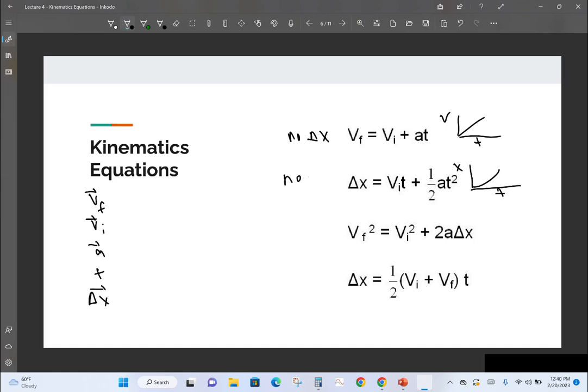There's no Vf in the second one. There's no T in the fourth one. We factored that out. And there's no A in the last one. So each one of these is missing one. It only has 4 of the variables. So if you know any 3 of those, you can find the fourth one. So it's a powerful tool for us.